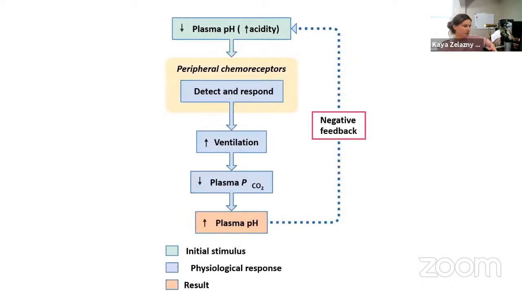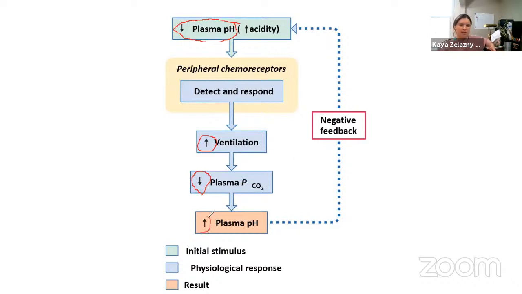So overall, how this works, we can go through our flow, right? If we have low plasma pH, which we could refer to as high acidity, acidosis, our chemoreceptors will detect and respond, increasing how fast we're breathing, which means we are breathing off a bunch of CO2, which means we don't have as many hydrogen ions because CO2 can essentially be converted into hydrogen ions.